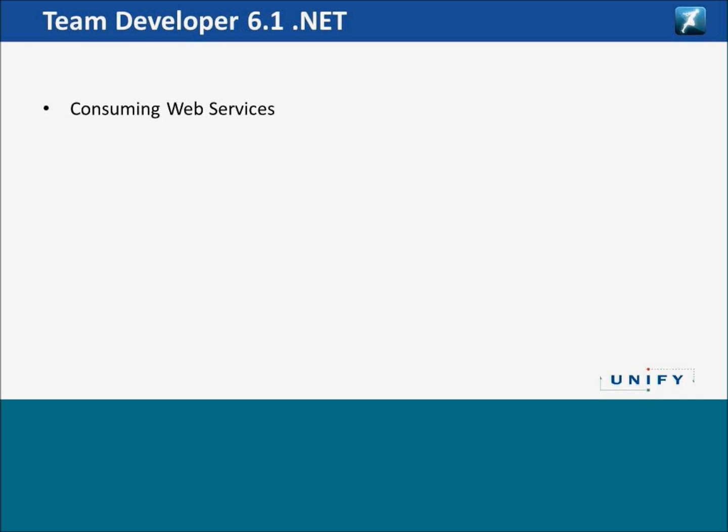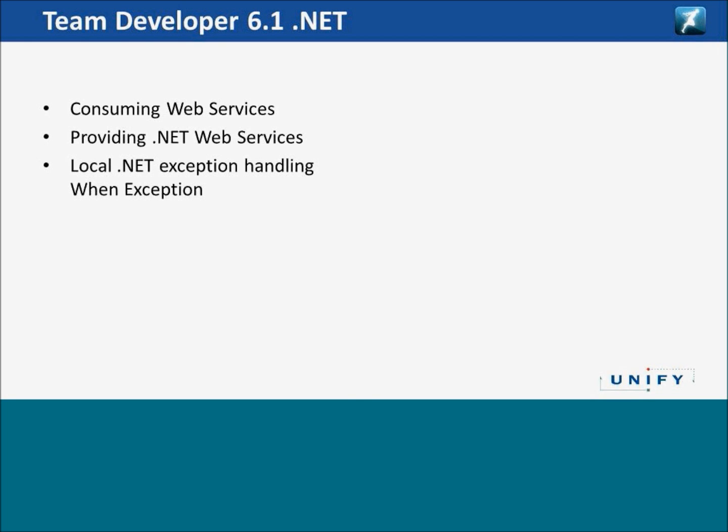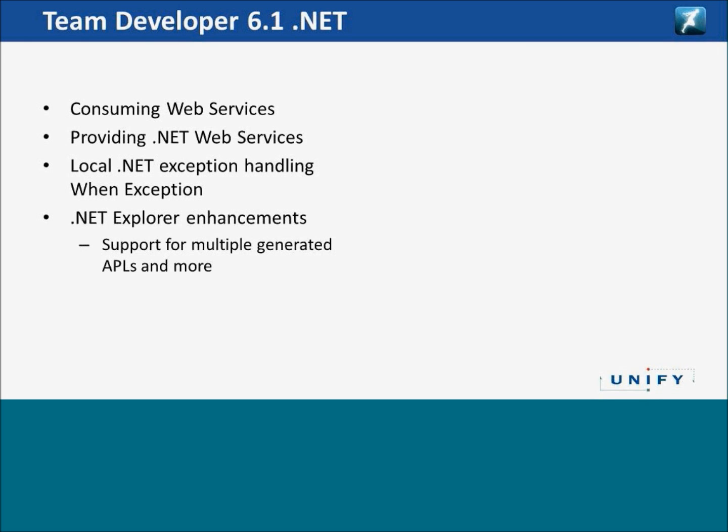So what you get in TD 6.1 .NET: consuming web services, providing .NET web services, and local .NET exception handling using the new when exception method. You get a lot of .NET Explorer enhancements, for example, support for multiple generated APLs and more. You get DBPipe for WPF desktop apps.